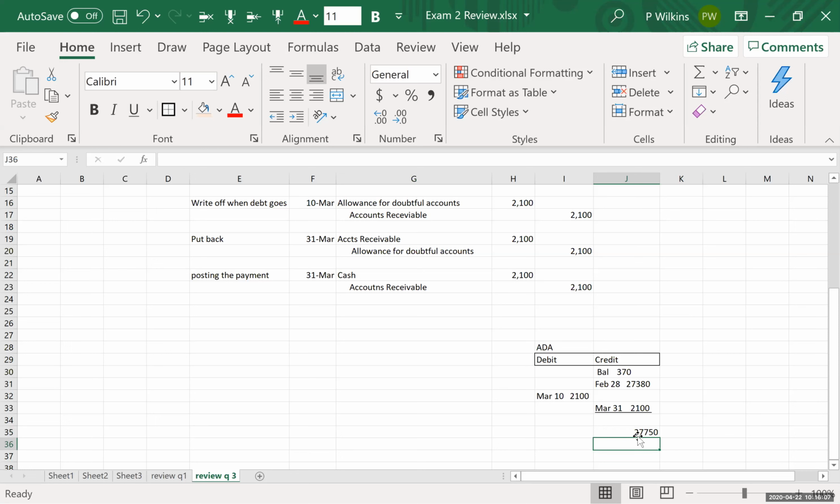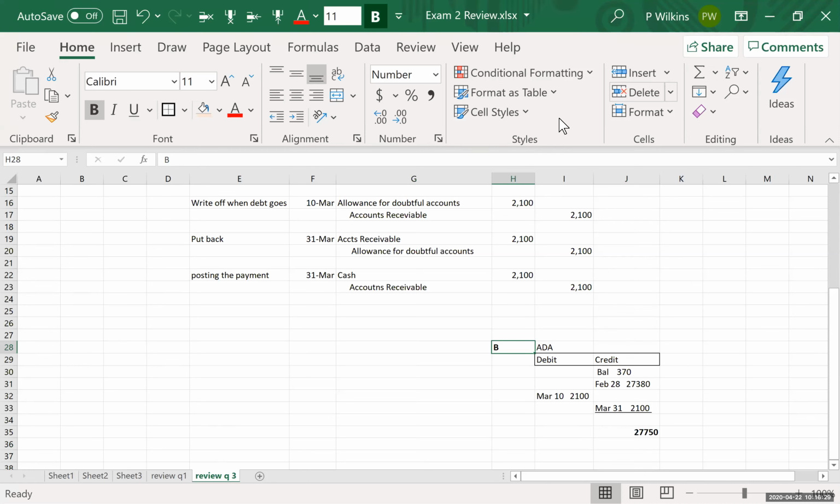So the balance ends up being $27,750. That's the ending balance. And that was question B. We want to know the balance. Okay. All right, so that's that for that problem.